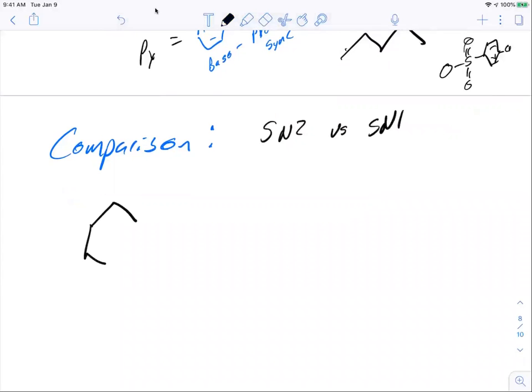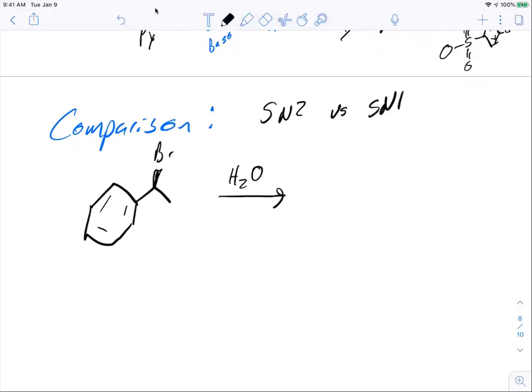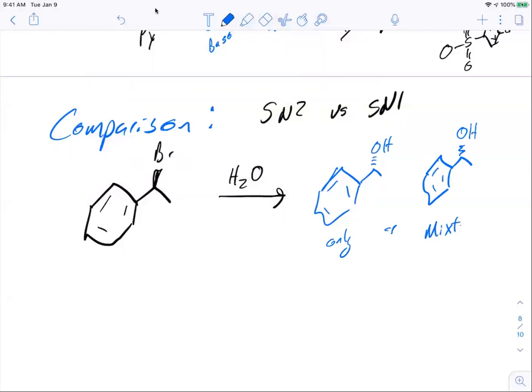So if we look at a species like this, and we add in water, the question is, do we have only inversion, or do we have a mixture? That little wiggly line there means it's either backwards or forward.